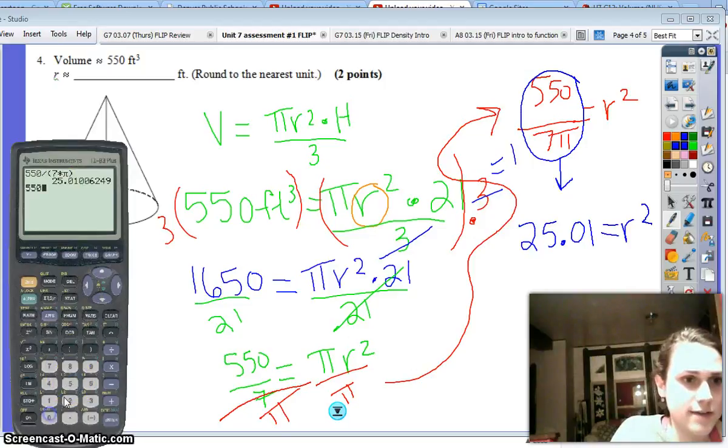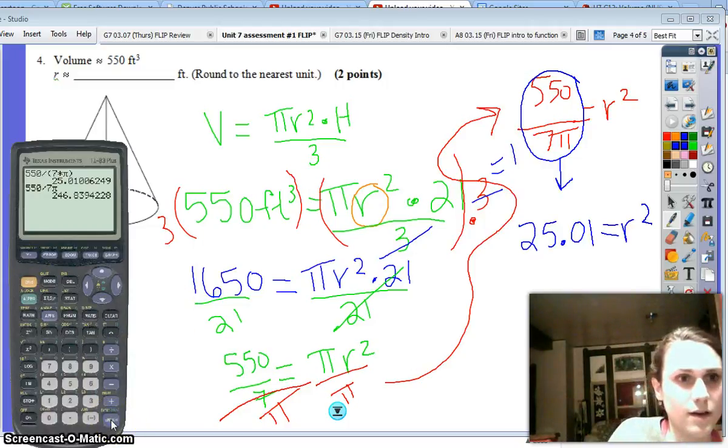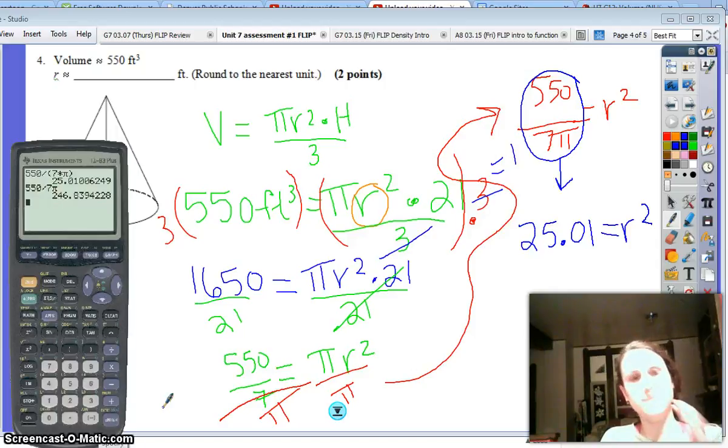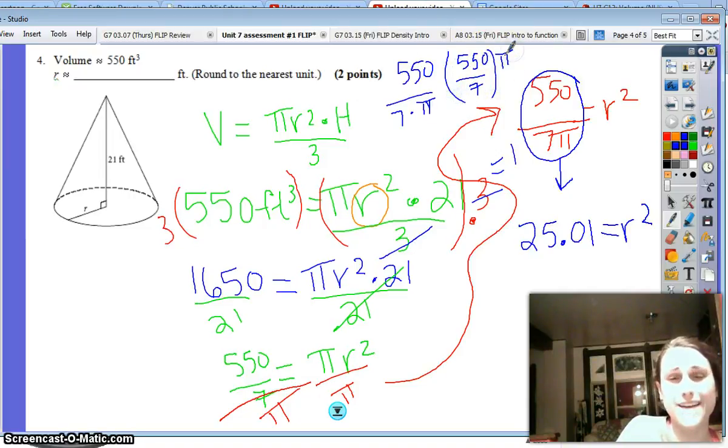If we had done this, 550 divided by 7 pi, your calculator may have thought that you did 550 divided by 7 and then times pi, which would give you a completely different number. So we want to make sure that pi is what 550 is being divided by. It's in the denominator, not the numerator. So if I were to write this, we want to make sure that we have 550 divided by 7 times pi, not 550 divided by 7 and then this whole value times pi, where pi is in the numerator. We do not want this, okay?